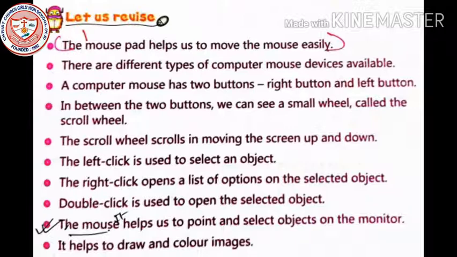You know what is a mouse? A mouse is an input device. First and foremost question: what is a mouse? A mouse is an input device. But is giving this much answer enough? No. It is an important part of the computer.